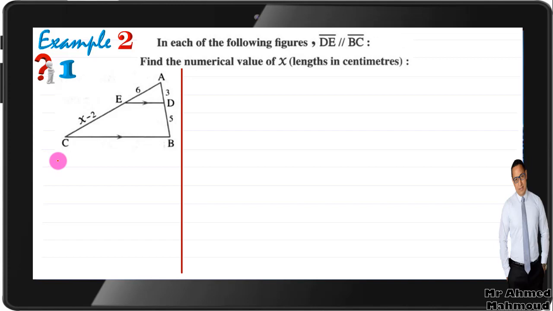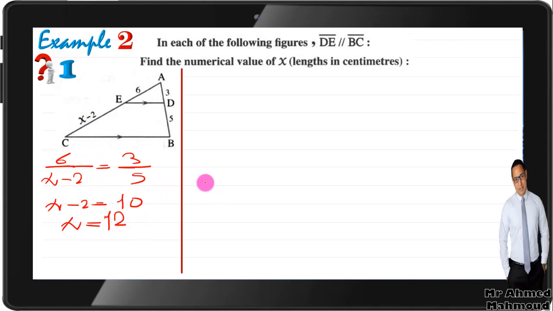Again, 6 over x minus 2 equals 3 over 5. So x minus 2 equals 6 times 5 over 3, 30 over 3 equals 10. So x equals 10 plus 2 equals 12.